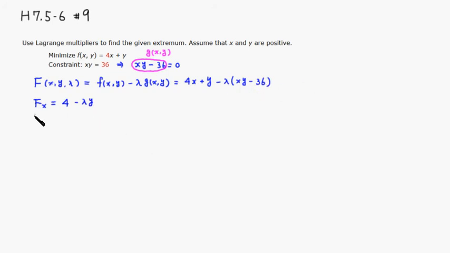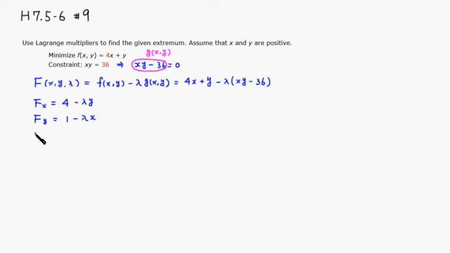Then the partial derivative of capital F with respect to y: that's 0 for 4x, and y gives us 1. Here, the partial derivative of xy with respect to y is x, so it's negative lambda x, and the partial of 36 is 0.